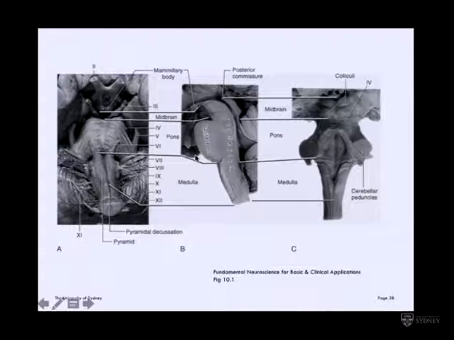While I'm here, I'll also show you some other structures. So here we have the cerebellar peduncles. These are groups of axons that connect the cerebellum to the rest of the brain. Okay?